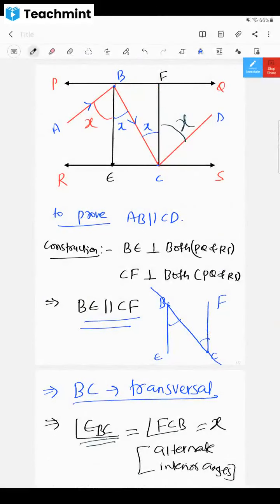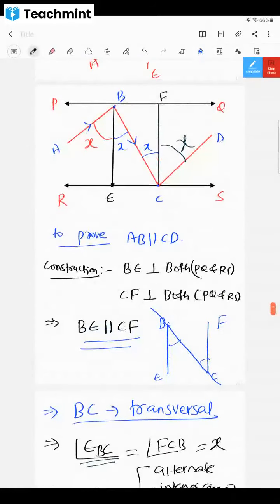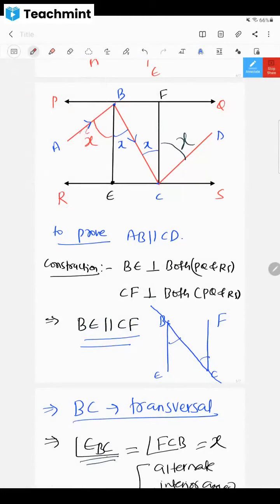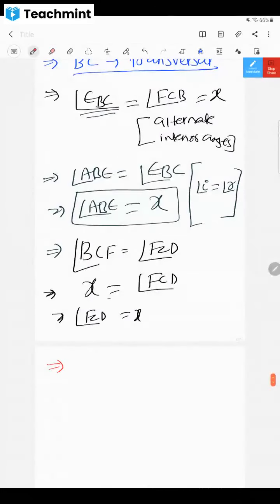Okay. So if those things are done, now what is the value of angle ABC? Can you have a look at this angle ABC? Don't you think it is X plus X? It becomes 2X. So I will write angle ABC is equal to X plus X, and that is equal to 2X.